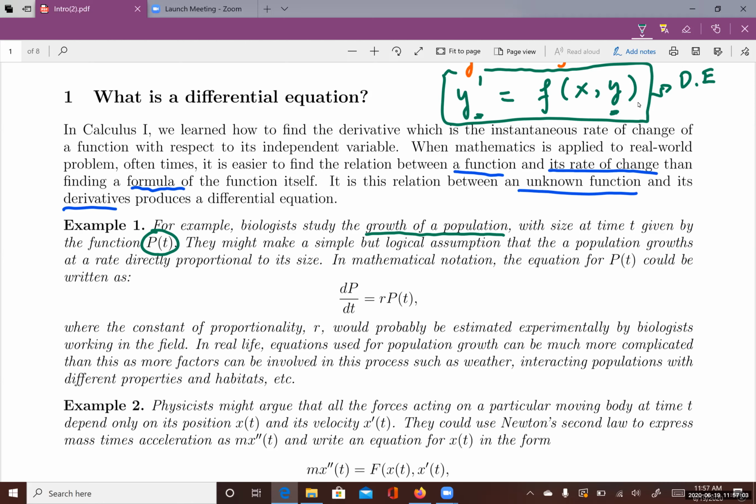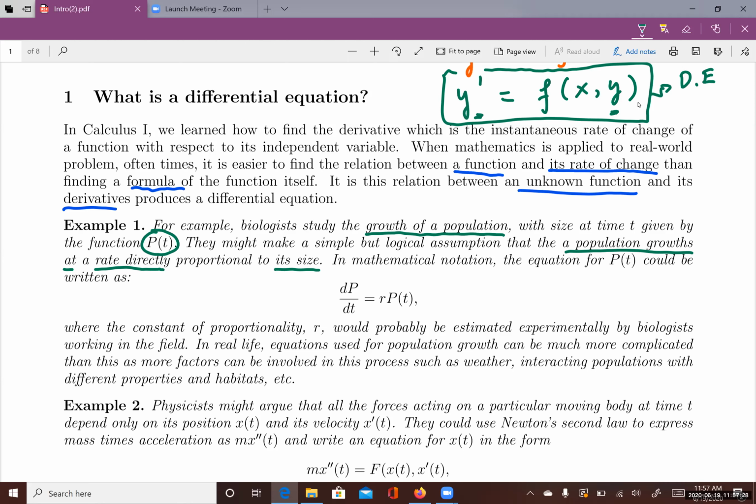They might make a simple assumption, but logical, that the population grows at a rate directly proportional to its size, right? So it grows at a rate that depends on the size of the population at time t.